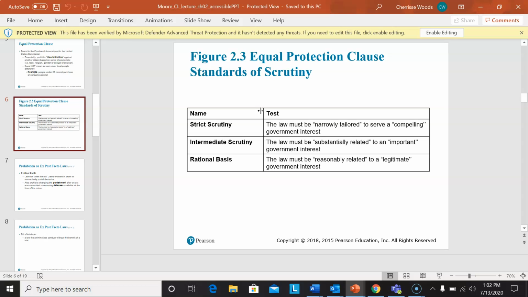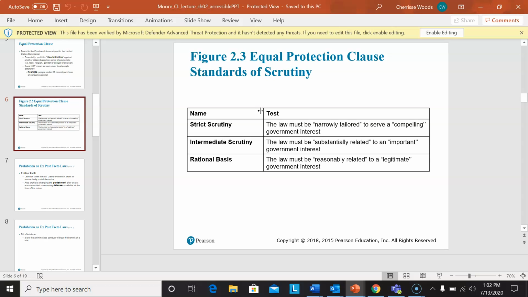Now, when it comes to free speech cases, any regulation that prohibits certain content of speech must pass strict scrutiny.